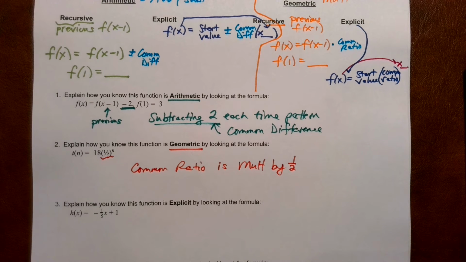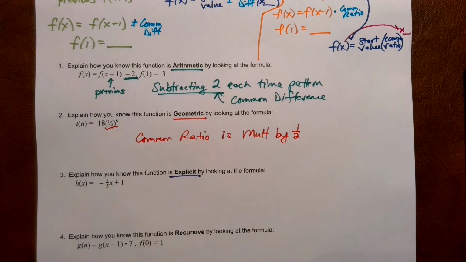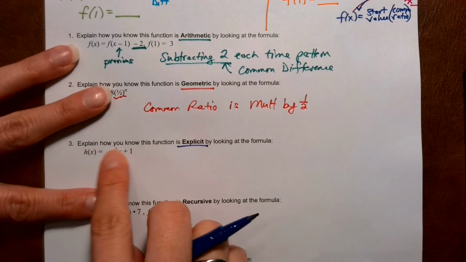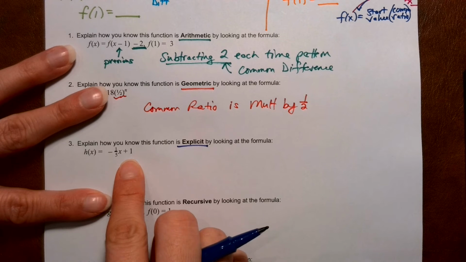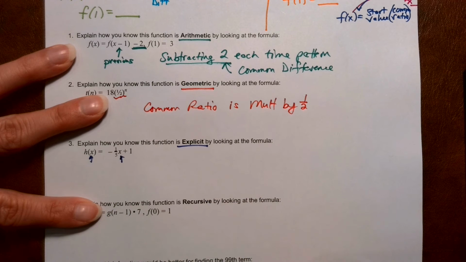How do I know this equation here is explicit? Explicit means that there's a formula where you can plug in any value. I don't see previous. I see that the input is x and the input here is x.